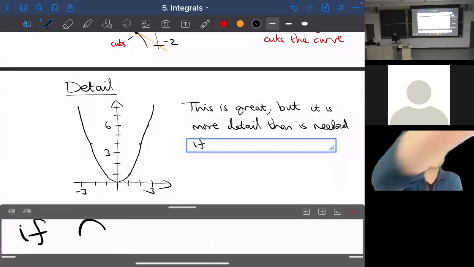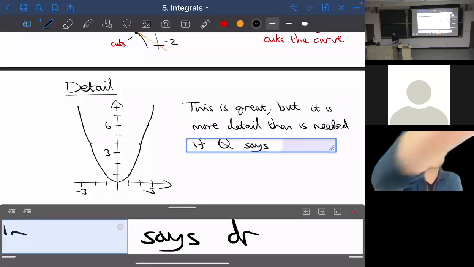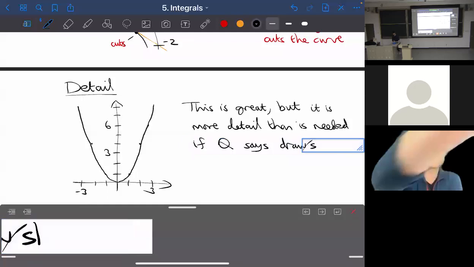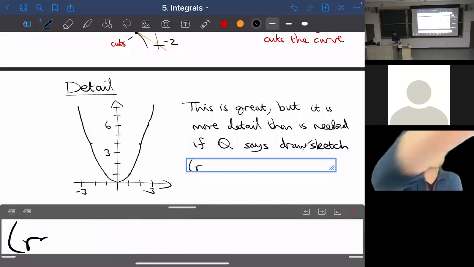If a question says draw, or sometimes questions say sketch the graph. So just on a point of language, if it said plot, then maybe it would be asking you to do something like this.